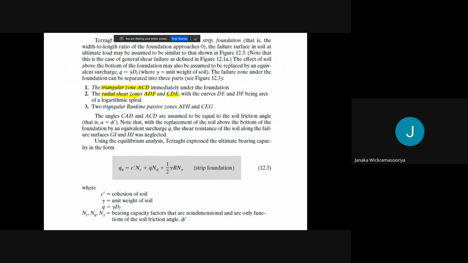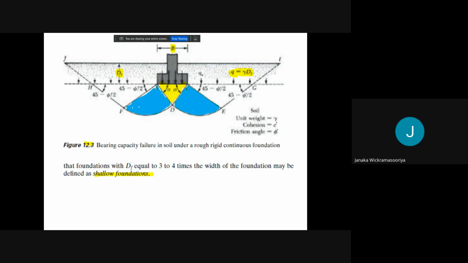Then two triangular Rankine passive zones, AFH and CEG. That is the third one.